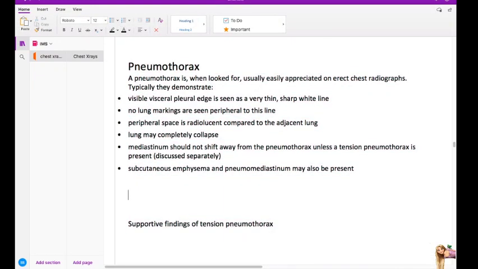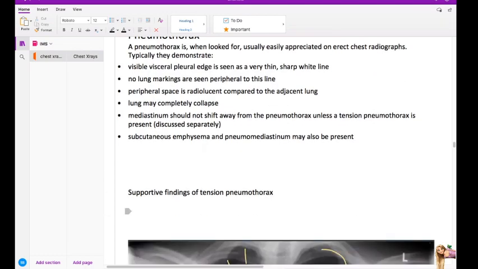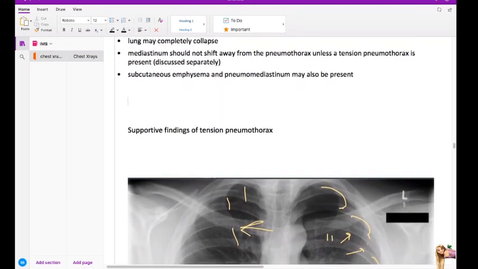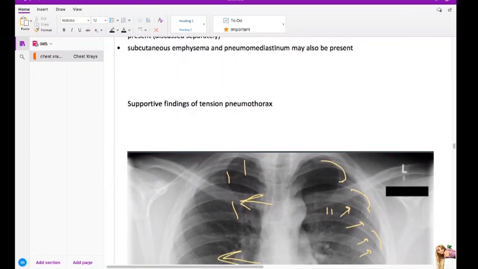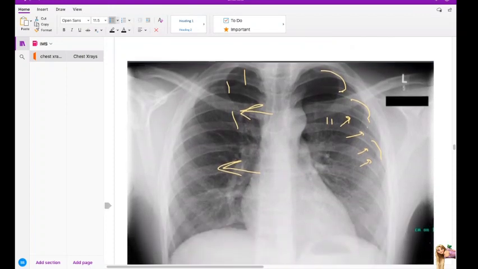No lung markings, and this appears more radiolucent. Sometimes pneumothorax can be due to trauma, so you can also see air in the subcutaneous tissues, that's subcutaneous emphysema, and you can also see air in the mediastinum, that's pneumomediastinum. All right, so this is one.